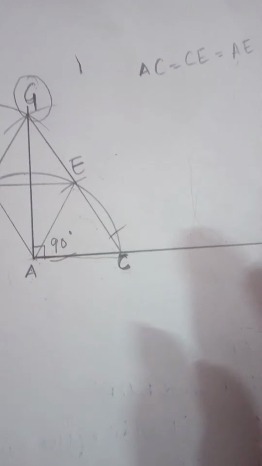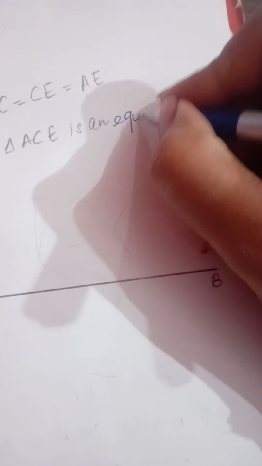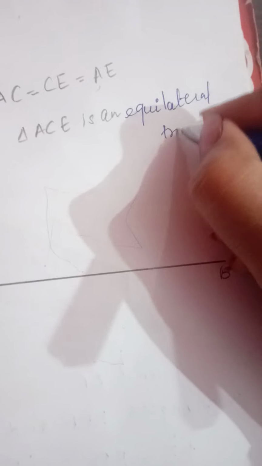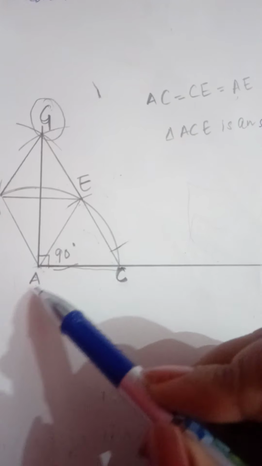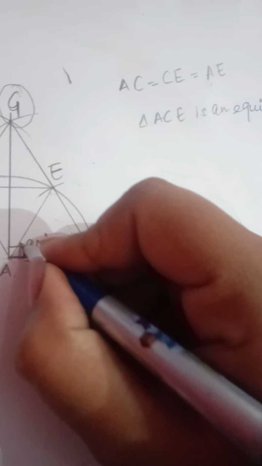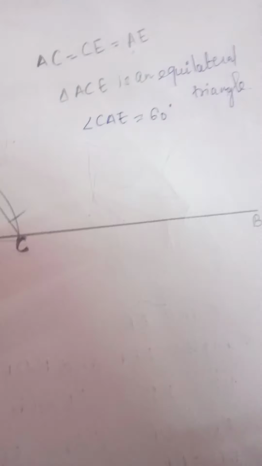All the angles are 60 degrees. So angle CAE equals 60 degrees.